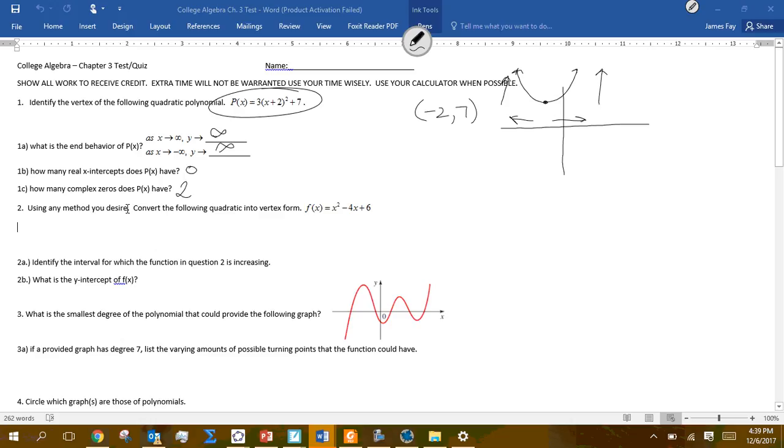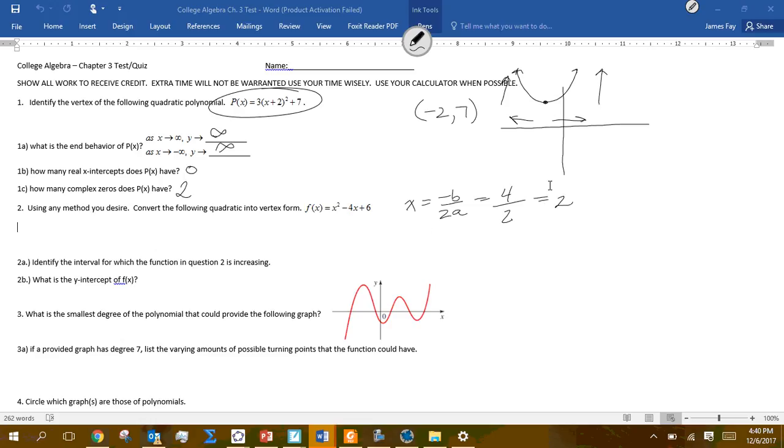So using any method you desire, convert the following quadratic into vertex form. I'm a fan of x equaling the opposite of b over 2a. If I go with 4 over 2, that gives me the x value of my vertex to be at 2.